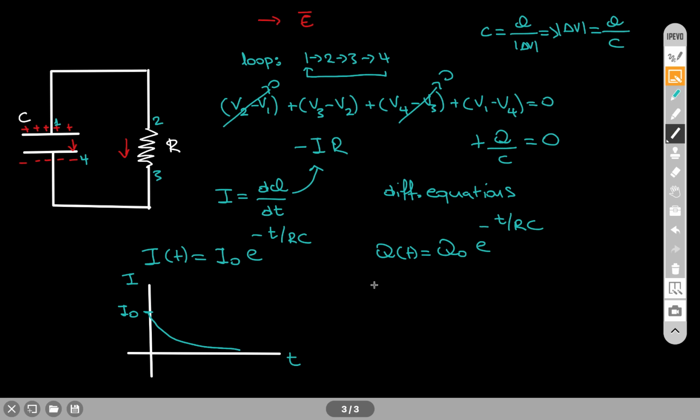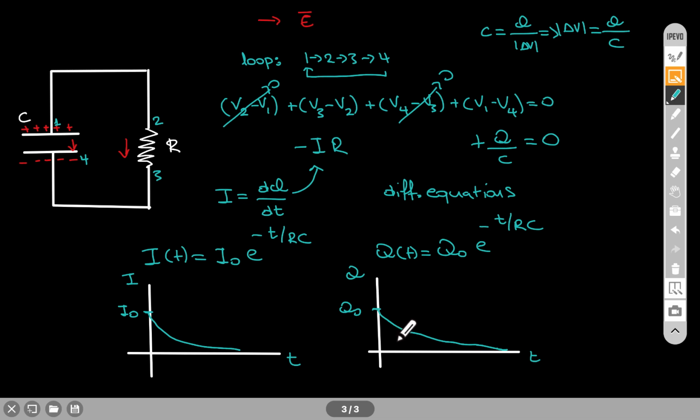So now I should see that the charge on the capacitor decreases as a function of time. So this is Q, this is t. At t equals 0, I start with Q naught and then the charge on the capacitor decreases. If you wait long enough, you should see effectively no charge, absolutely no charge on the capacitor.